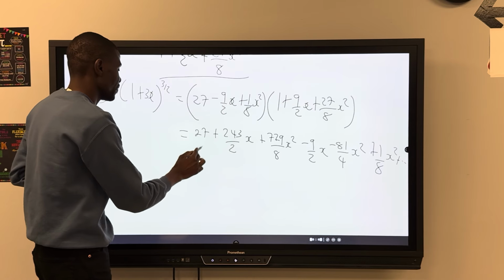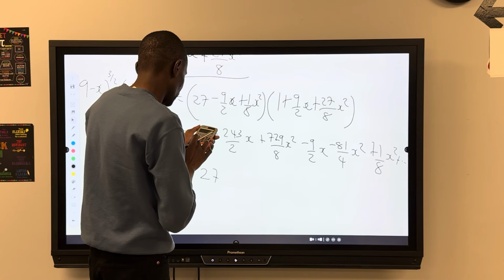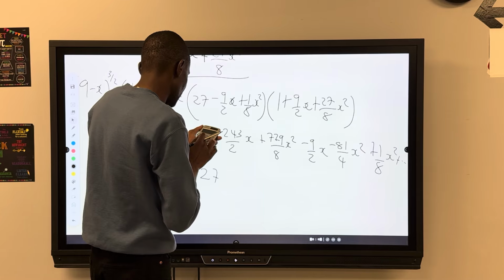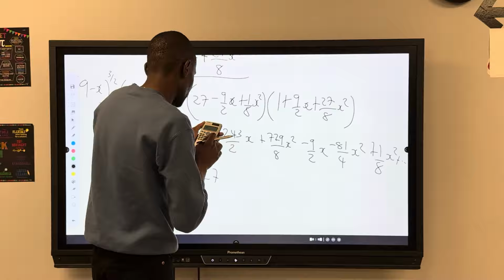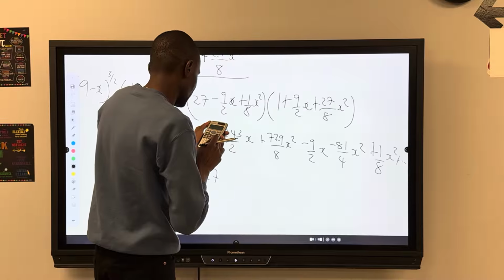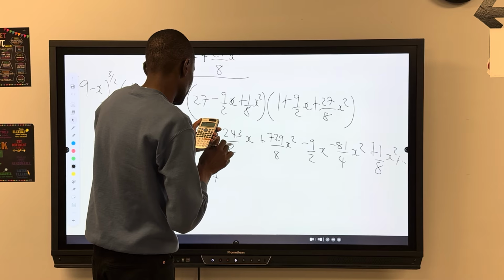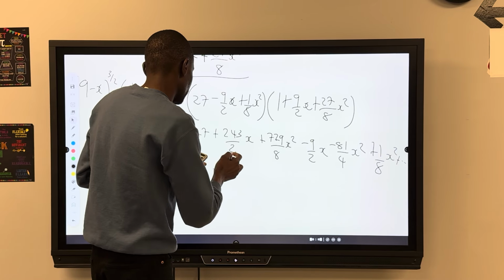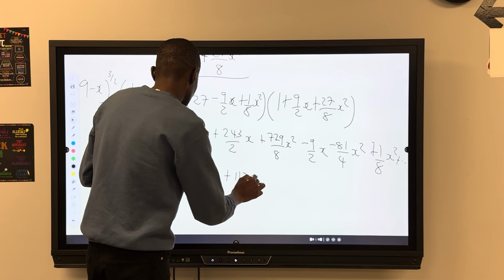So when we simplify here, we have got 27, then this and that, 243 over 2 minus 9 over 2. I'm getting just 117, plus 117x.